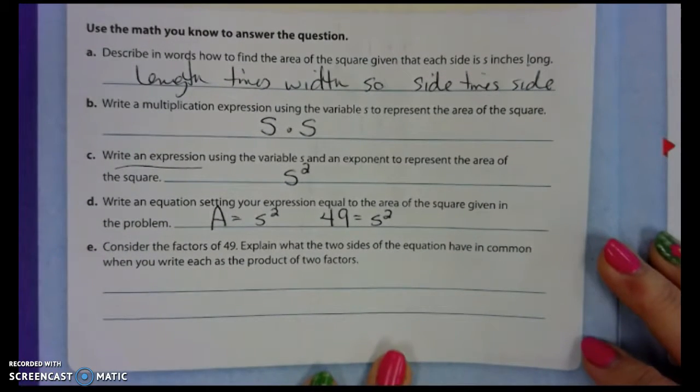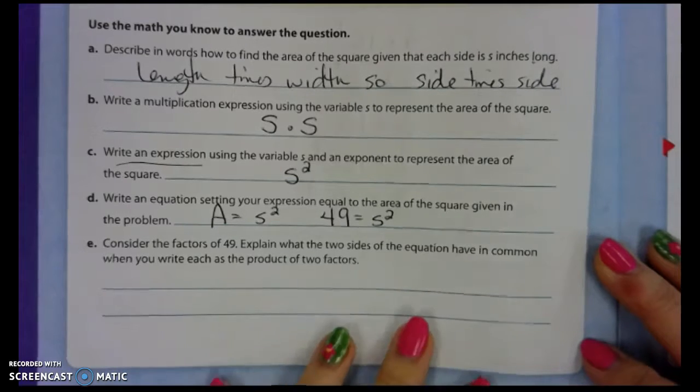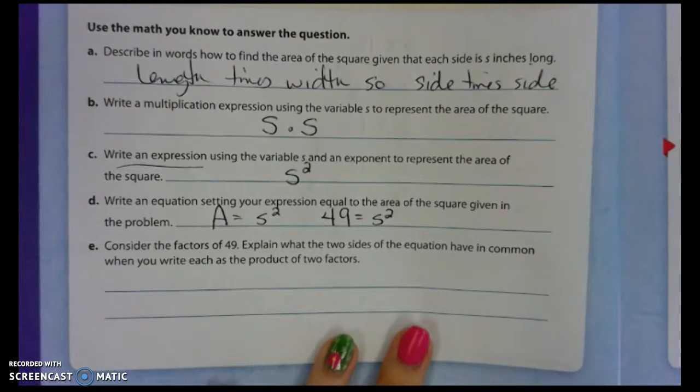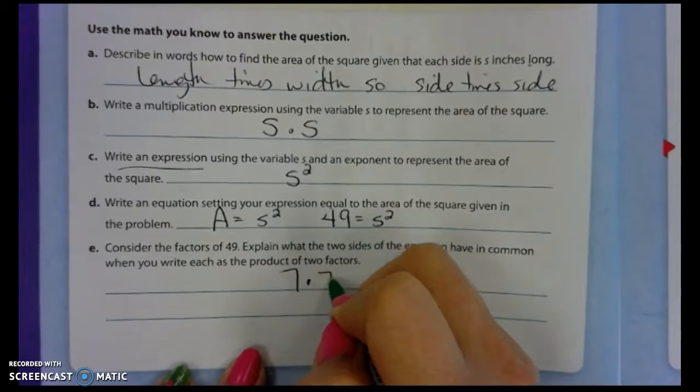Consider the factors of 49. Explain what the two sides of the equation have in common when you write each as the product of two factors. Think about 49. What two identical factors could we multiply together to get 49? If you remember your perfect squares, 7 times 7 makes 49.